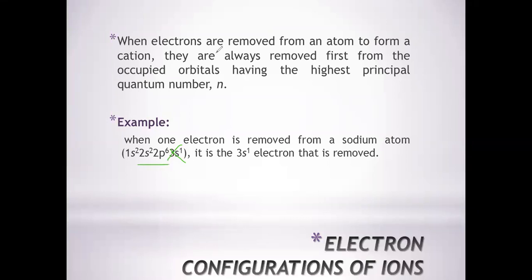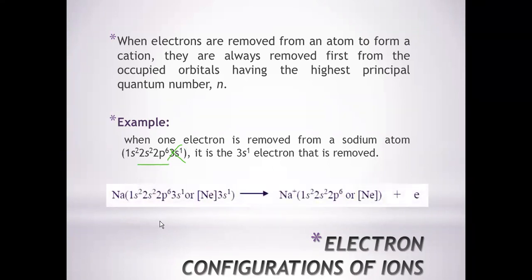So for Na+, the configuration is the neon configuration, 1s2, 2s2, 2p6. You have removed the 3s1 electron because it has the highest principal quantum number.